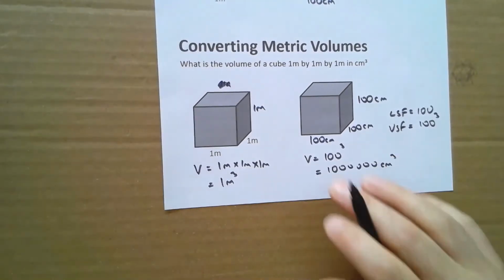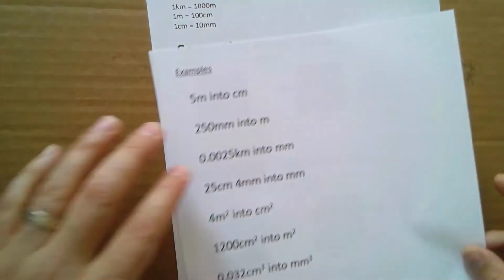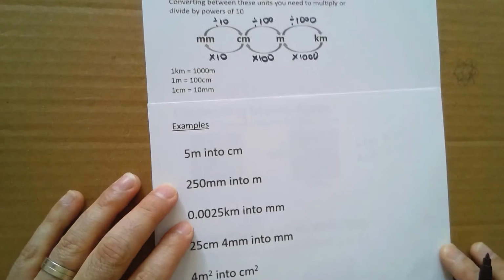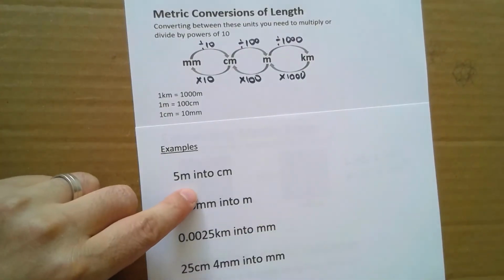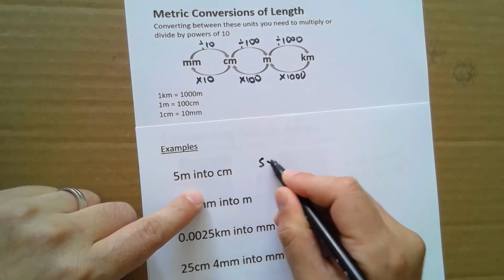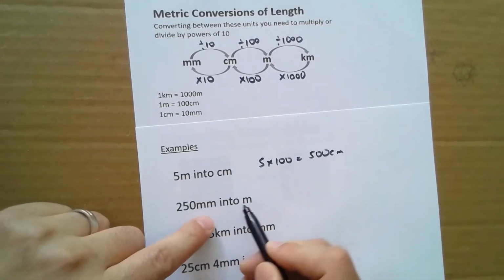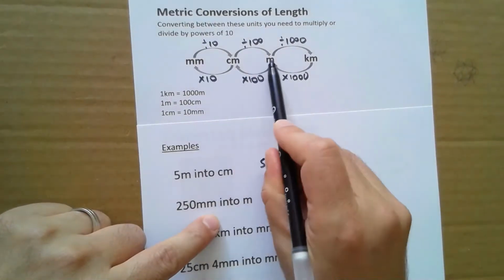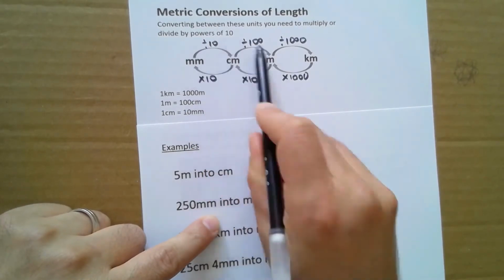Let's demonstrate this with some examples. Let's say we want meters to centimeters. Meters to centimeters, we multiply by 100. So that's 5 times 100, 500. Millimeters to meters: we divide by 10 and then divide by 100, so we're going to divide by 1,000.